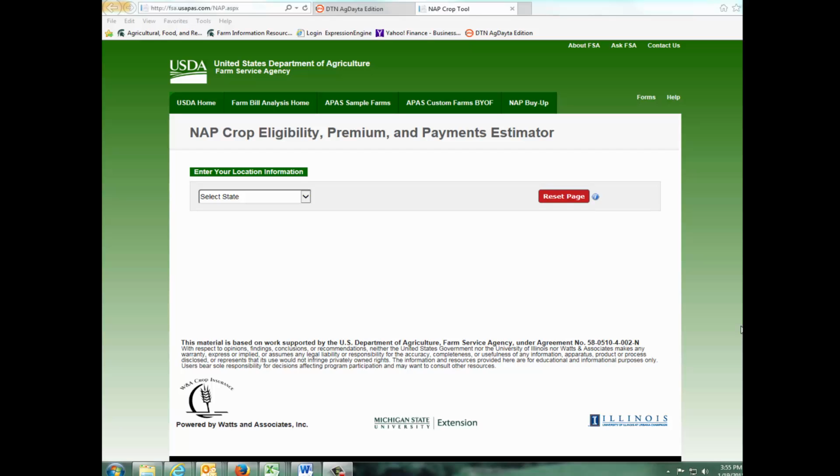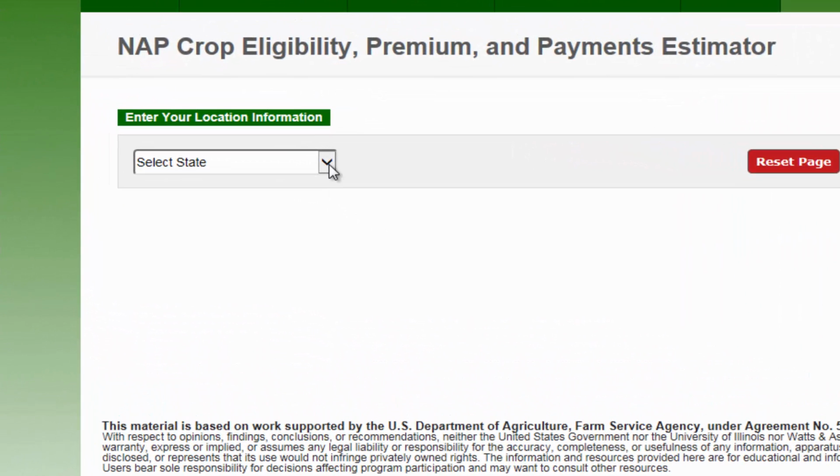Then there's a couple others. Risk management crop insurance is available, but that does not have basic, what has been called in the past, CAT coverage. And a third one is RMA insurance is available for that crop, but you may have a type or an intended use that is not covered by the RMA facilitated insurance, and therefore you're allowed to use NAP crop coverage. For example, cucumbers.